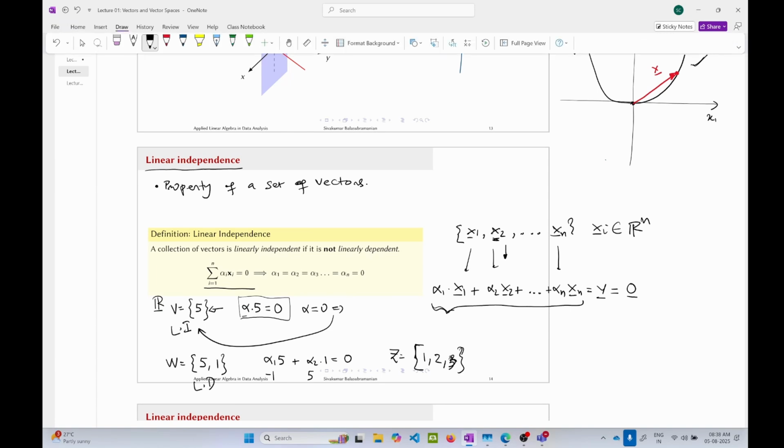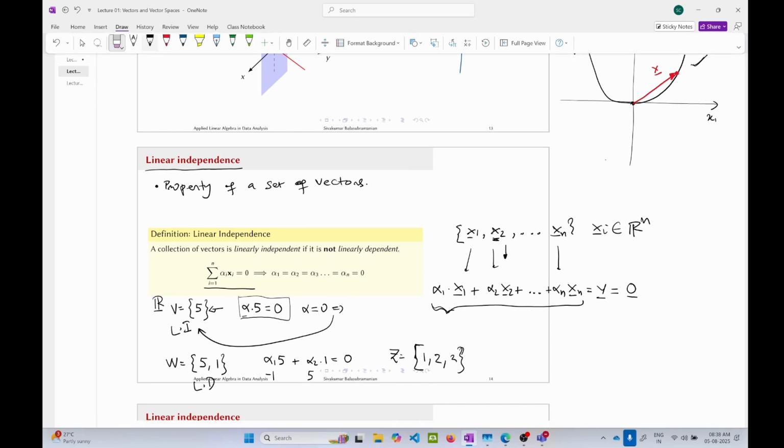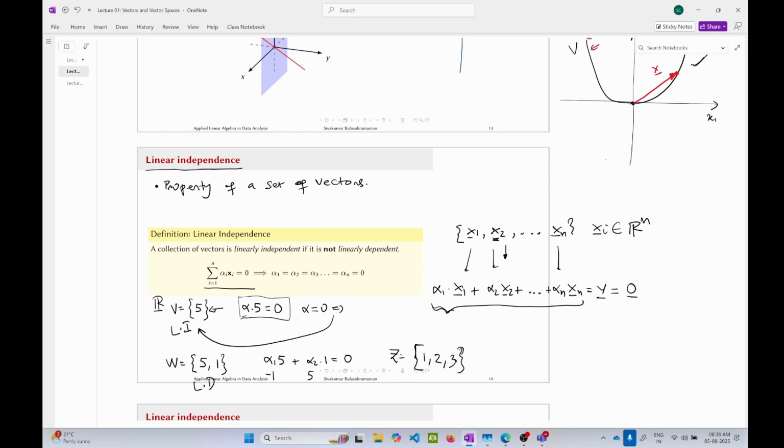What about this set? Is it linearly dependent or independent? You've got to be louder. I don't know what you're saying. Do the same thing that I've done.